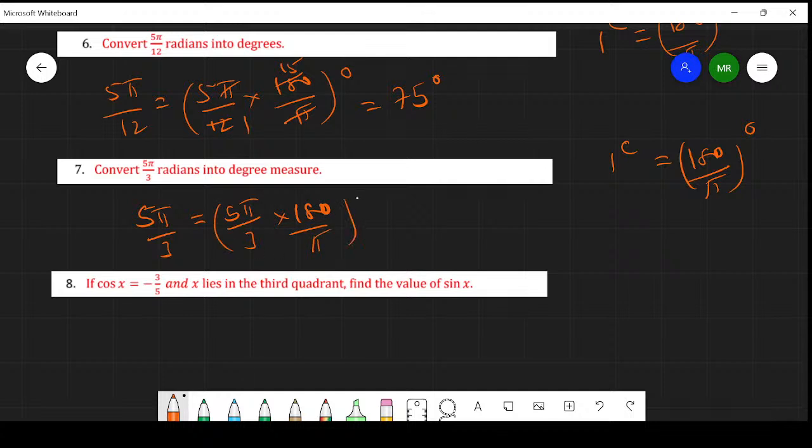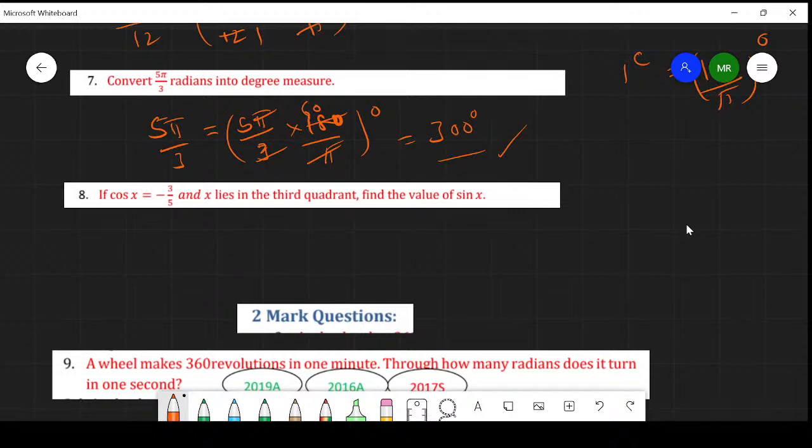Everything will convert into degrees after multiplying. So pi can be eliminated. 3 into 60, then it comes 5 into 60, 300 degrees. Correct. Simple problem. This is 5 pi by 3, which is 300 degrees.